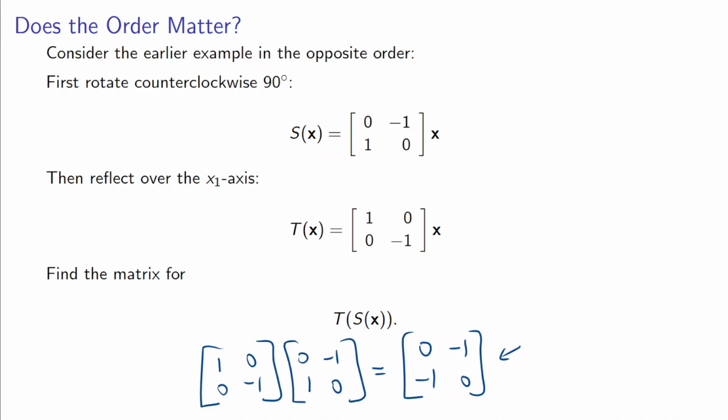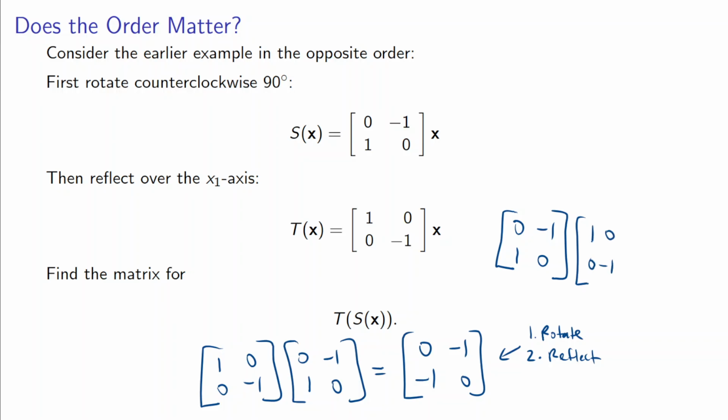So this is, first rotate, then reflect. If we did it in the opposite order, like we saw earlier, let me show that up here on the same slide. So let's say we wanted to switch the order around. The result here would be [0, 1; 1, 0].